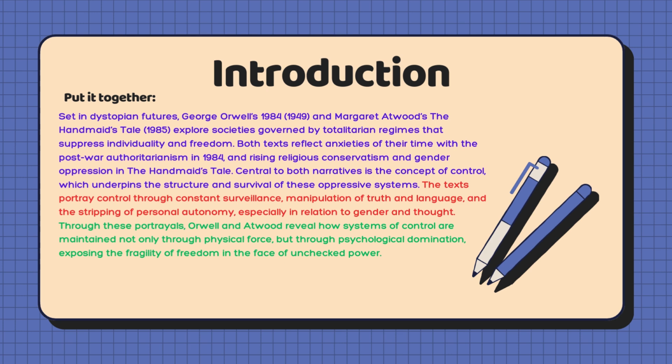We've introduced both texts, their creators, and their historical significance. We have our A, our arguments. We know the key points that the essay will be focusing on. That is in red. And our T, our thesis. We get a strong, insightful, and focused argument that links both texts and their values in green.